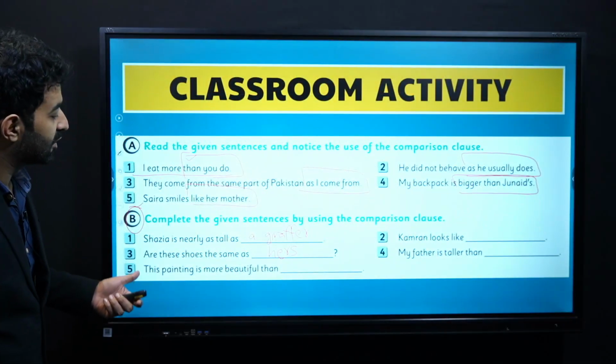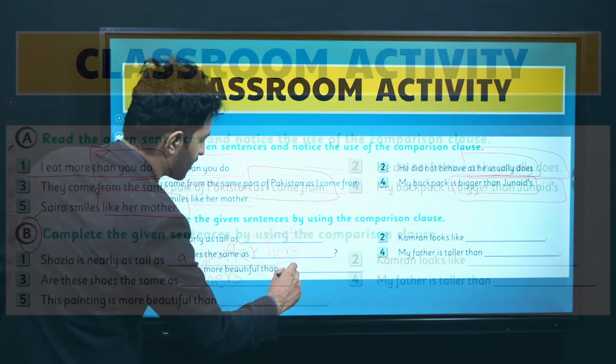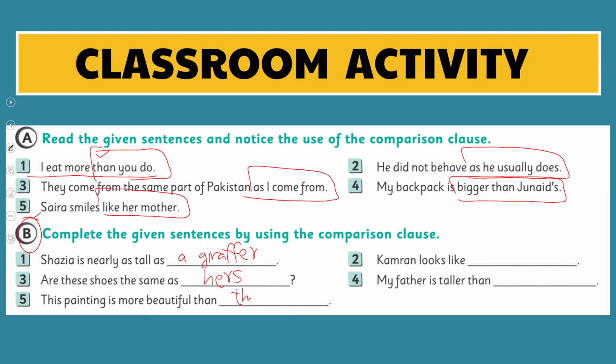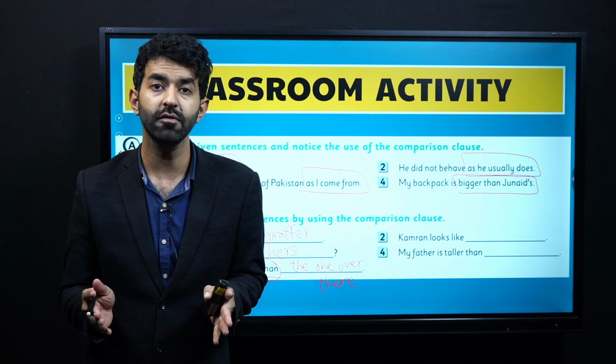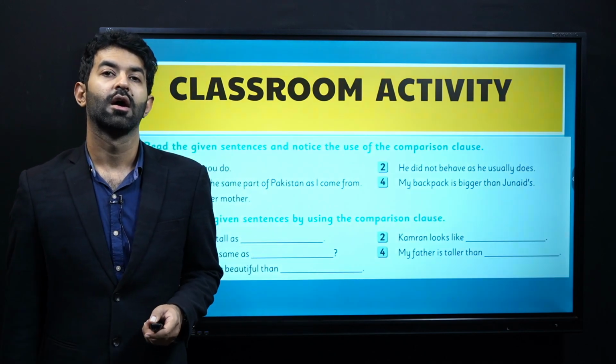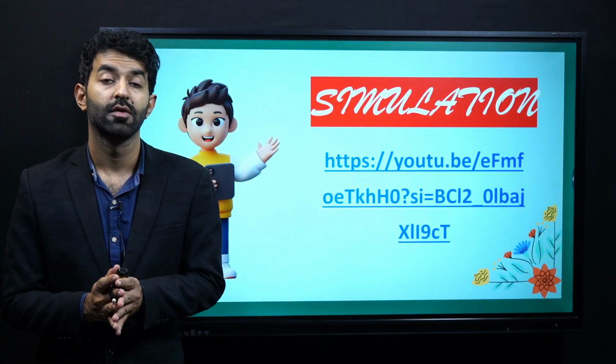This painting is more beautiful than the one over there. So we completed the comparison clause. We just had a hint of comparison and we completed with our own words. So do these two by yourself, and let's talk about the simulation link.